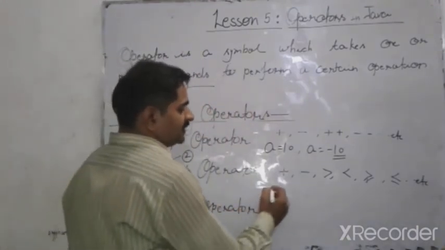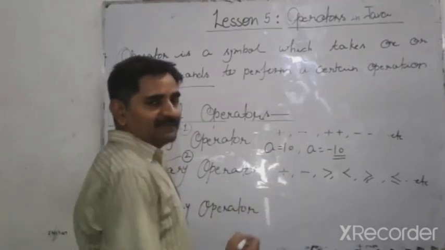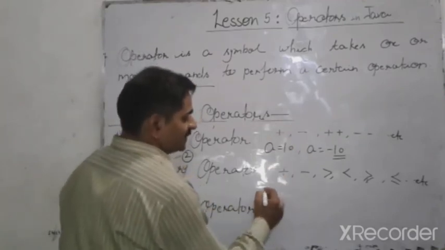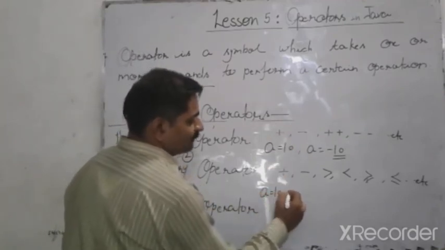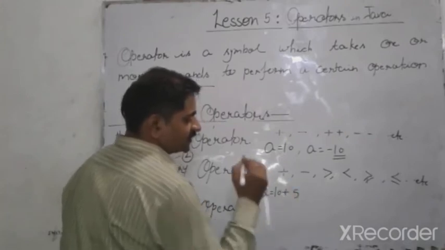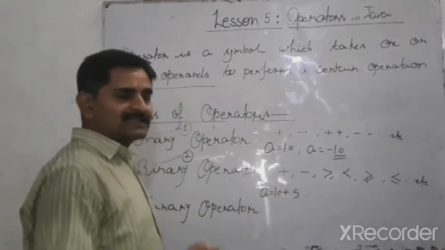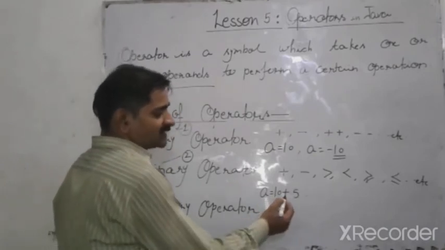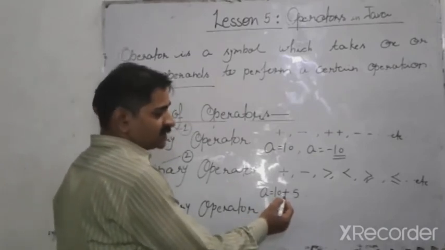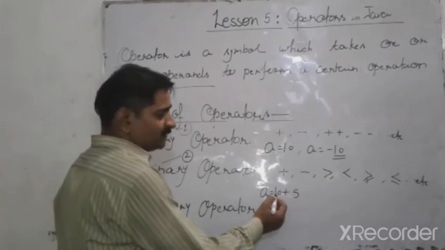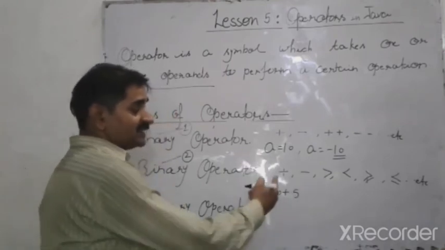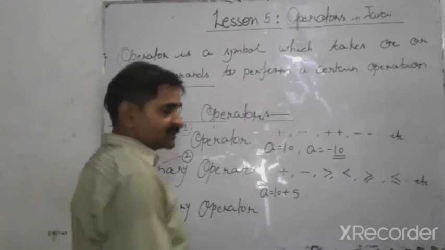For example, suppose we have used the statement a is equal to 10 plus 5. Here you can see 10 and 5 are two operands and plus is the operator. This operator is used between two operands. That is why this is a binary operator.